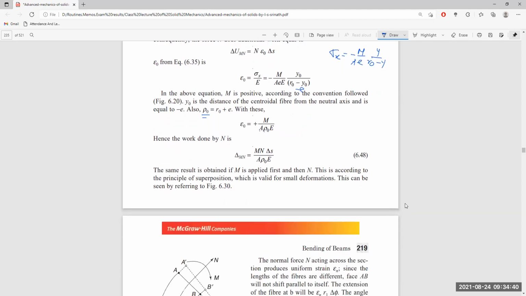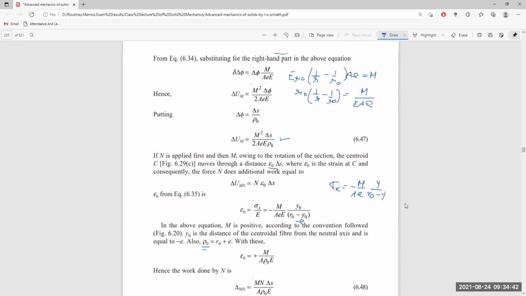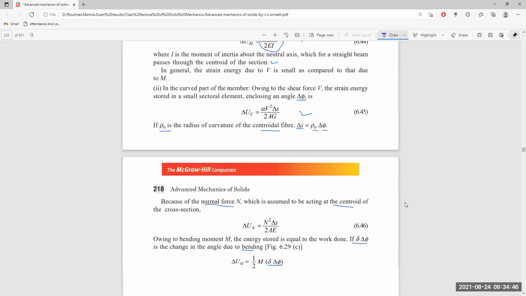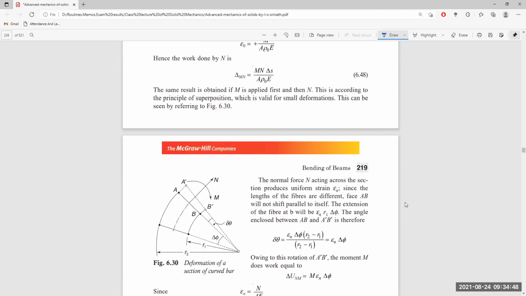So this is strain here. What we consider is strain for an elemental section AB, and say C and D, etc. B has radius, the distance of B from the center of curvature, equal to R1.